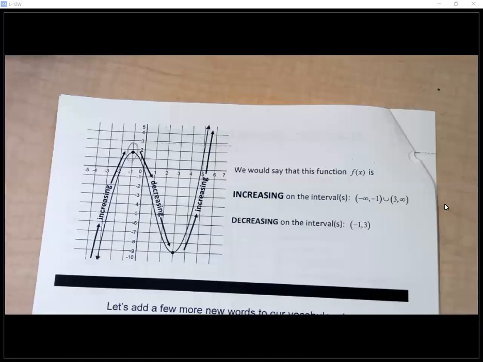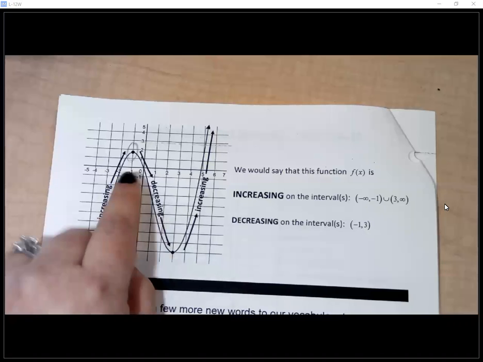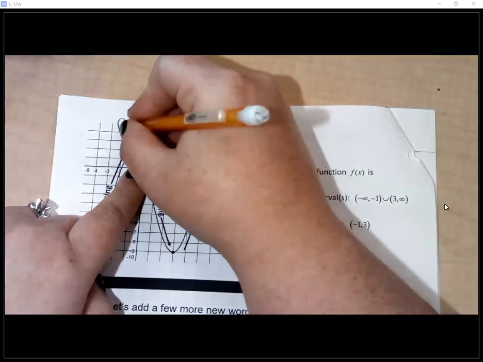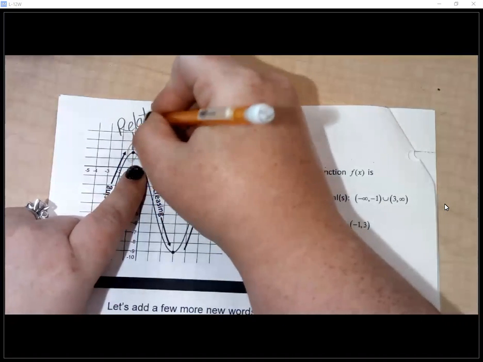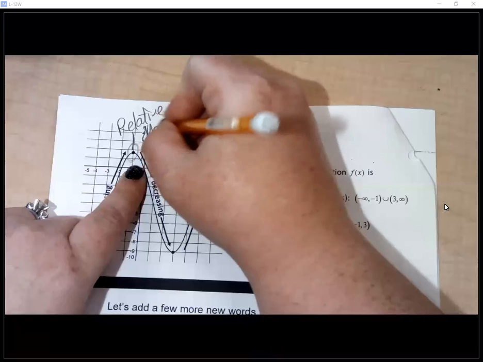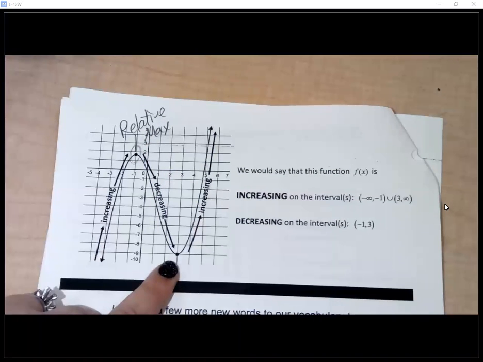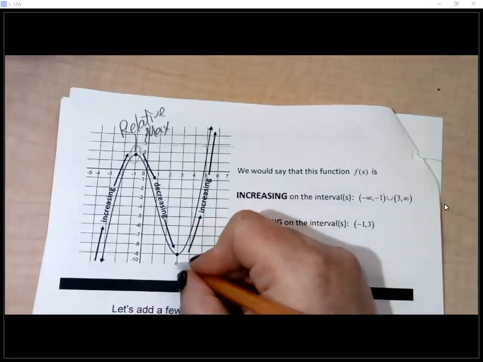We call them a relative max, or a relative minimum if it's the lowest point. That just means, hey, this isn't the highest point that the whole graph is going to get to, but it's the highest point of this area. So this we would refer to as a relative max. And then if I'm bottoming out like I am over here, that would just be a relative min or minimum.